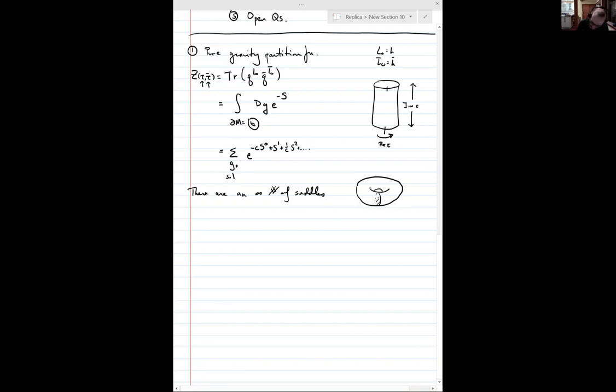And the way that you can characterize the different ways of filling in a torus to get a solid donut is by specifying which cycle is contractible.